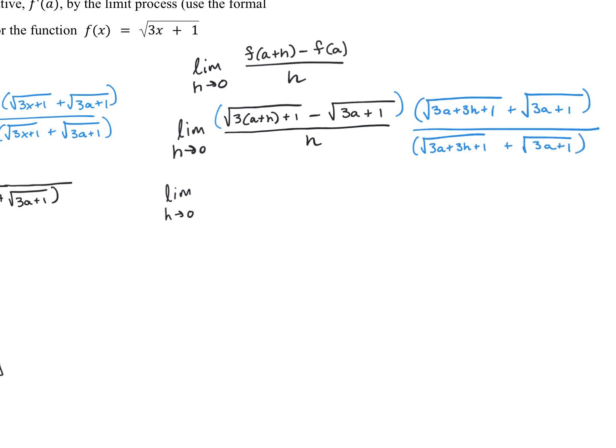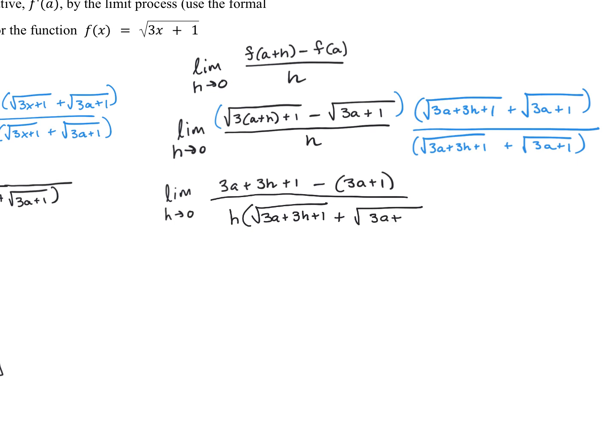All right, so this gives us the limit as h approaches 0 of 3a plus 3h plus 1 minus 3a plus 1. So again, the first times the first and the last times the last with the subtraction. And then we have over h times the square root of 3a plus 3h plus 1 plus the square root of 3a plus 1.